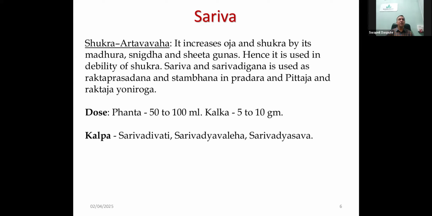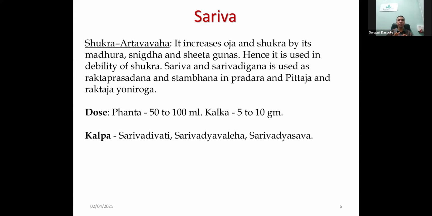Sariva and Sarivadigana is used as Rakta Prasadana and Stambhana in Pradara and Pittaja and Raktaja Yoni Roga. So I'll just explain this quickly because few words are different here. Rakta Prasadana we know it purifies Rakta Dhatu, and Stambhana we know is to hold. Stambhana in Pradara. So Pradara basically is any kind of per vaginal discharge.